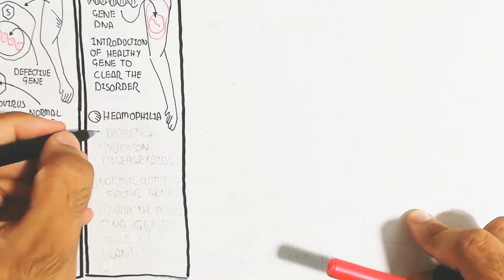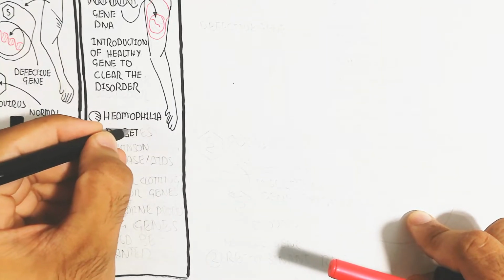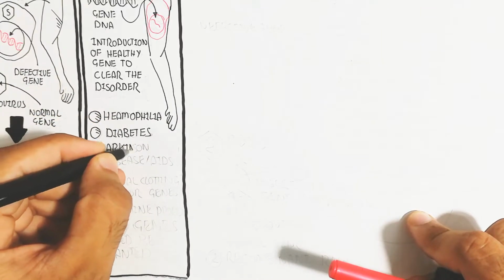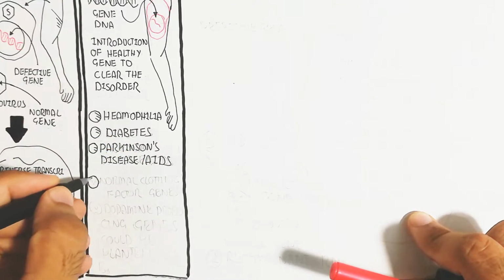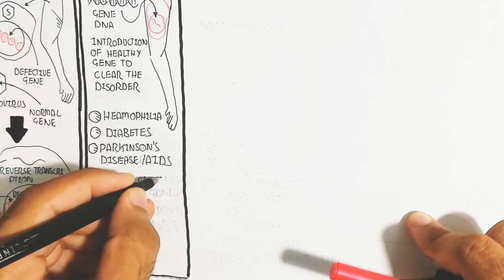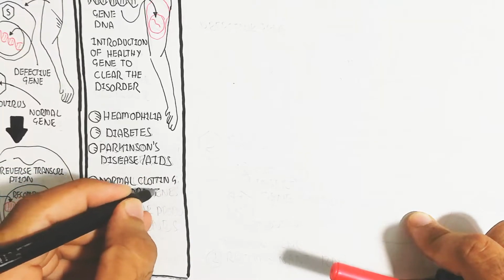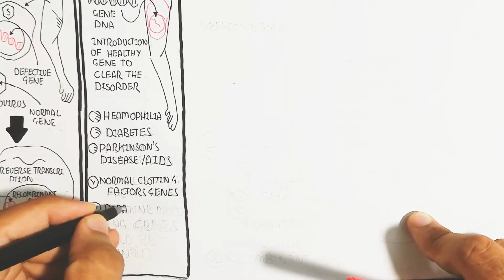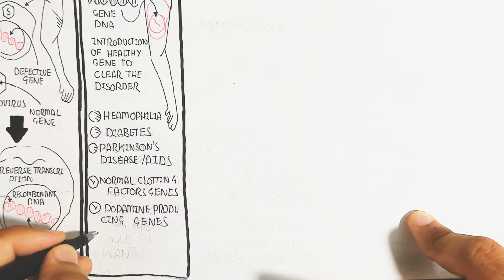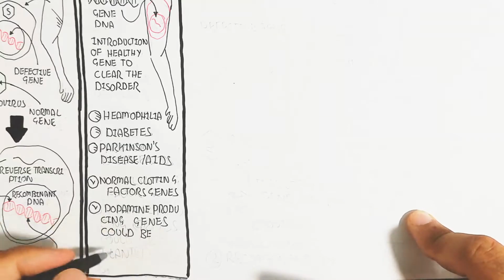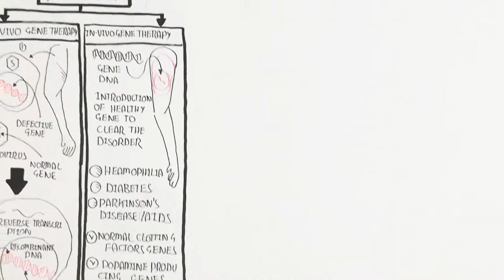It can be hemophilia, diabetes, Parkinson disease, and AIDS, acquired immunodeficiency syndrome. The normal clotting factor gene will be introduced for hemophilia recovery, while dopamine producing genes could be introduced for the Parkinson disease recovery.